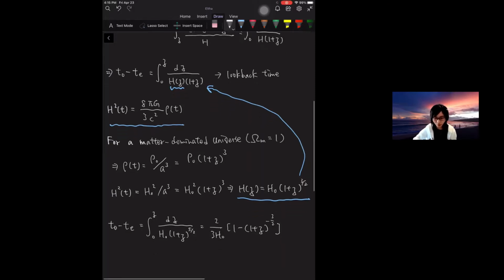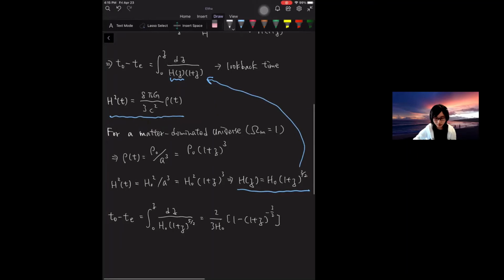Similarly, you can derive the look-back time equation for a dark energy dominated universe or a radiation dominated universe. If you are still not familiar with the density relation between each component, you can check out the previous video I posted on Friedmann cosmology, or the professor has already covered that in the lectures as well.